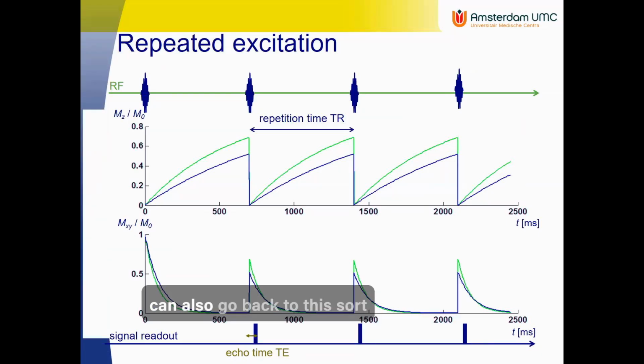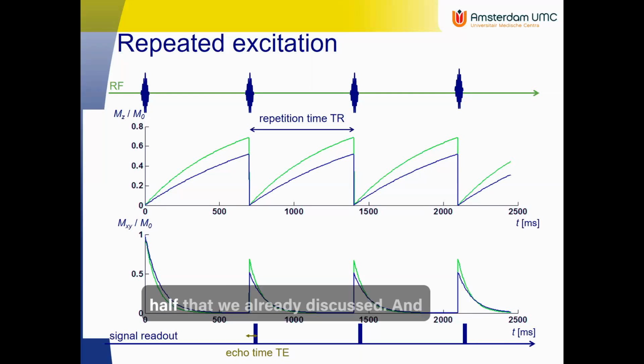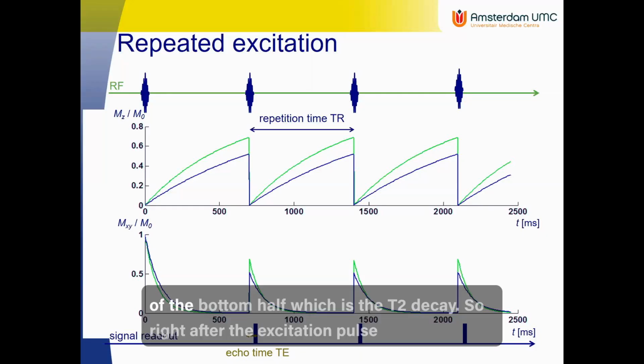So we can also go back to this complex graph, which I showed you earlier. The T1 relaxation is on the top half that we already discussed. Now we can also show the details of the bottom half, which is the T2 decay.